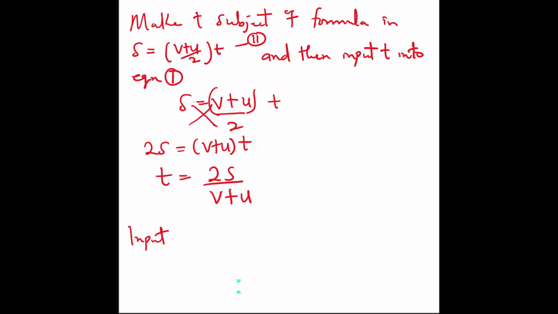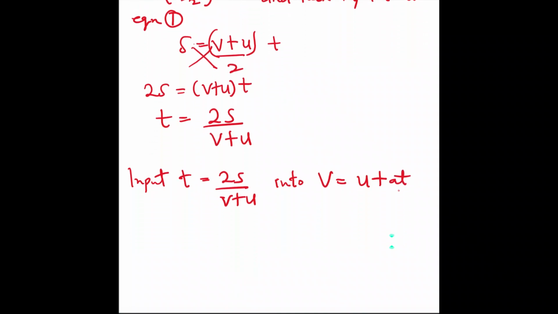Now we are going to input T equals 2S over V plus U into V equals U plus AT. So that will be V equals U plus A times 2S over V plus U. Now let's open the bracket.